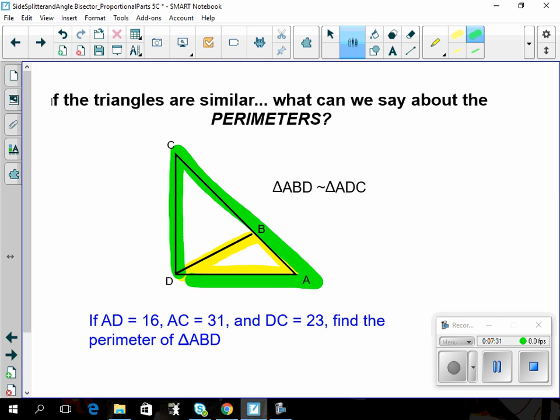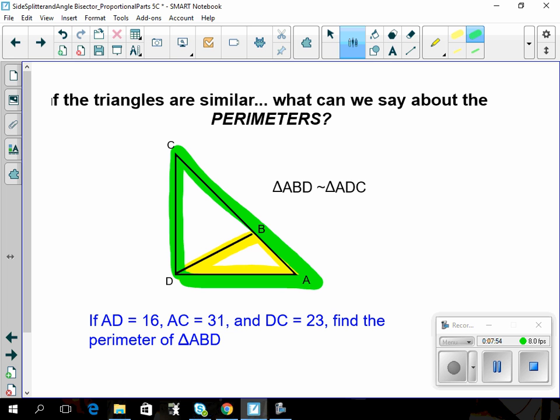Just so we have an idea, we have triangle ABD, which is our little triangle, and that's similar to the big triangle. That similarity statement is super important because it tells us what sides correspond to each other.